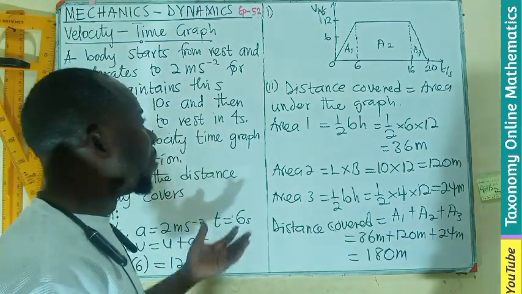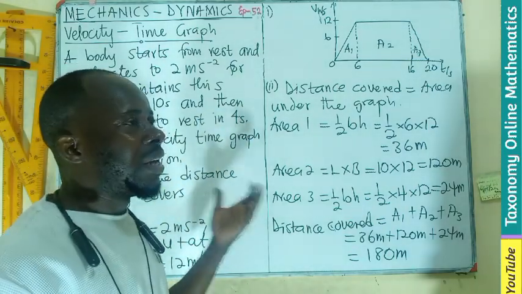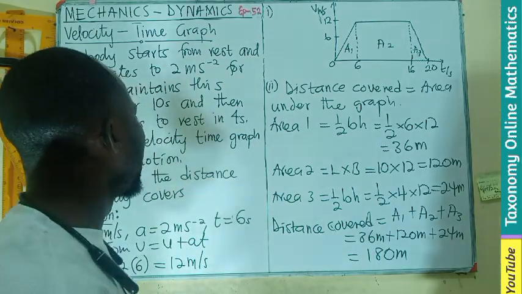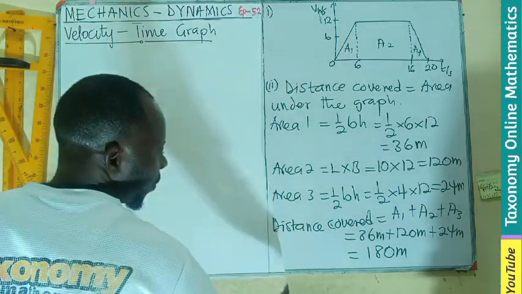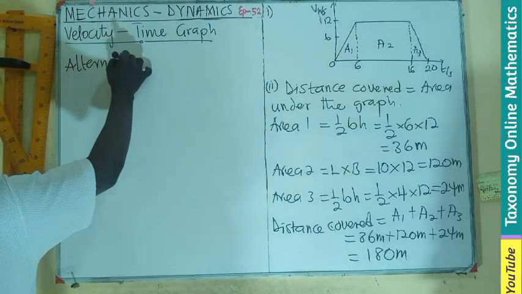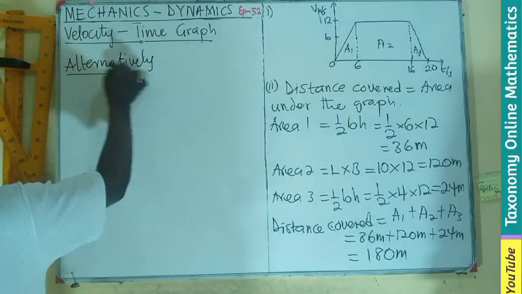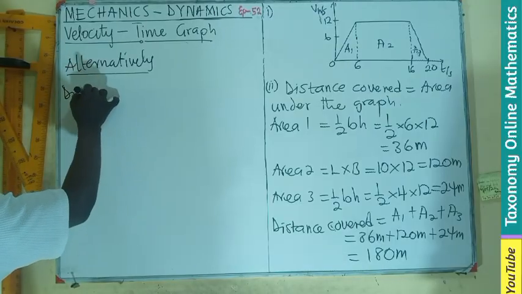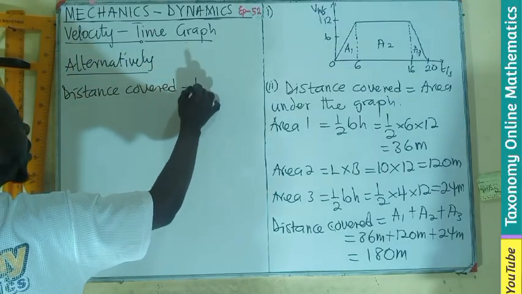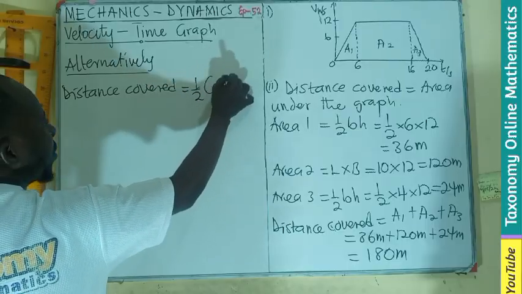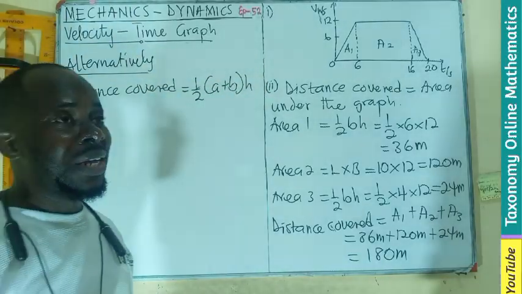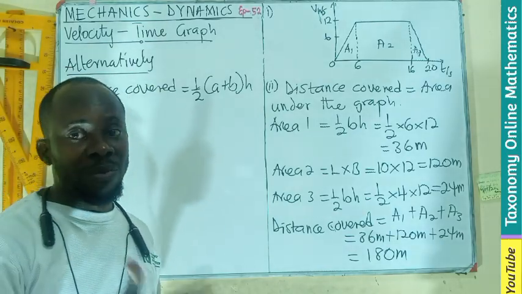We can also make use of the trapezium formula, which will give you the same calculation. Let's check that one out. So alternatively, distance covered is going to be half of A plus B times height, using the area of a trapezium.